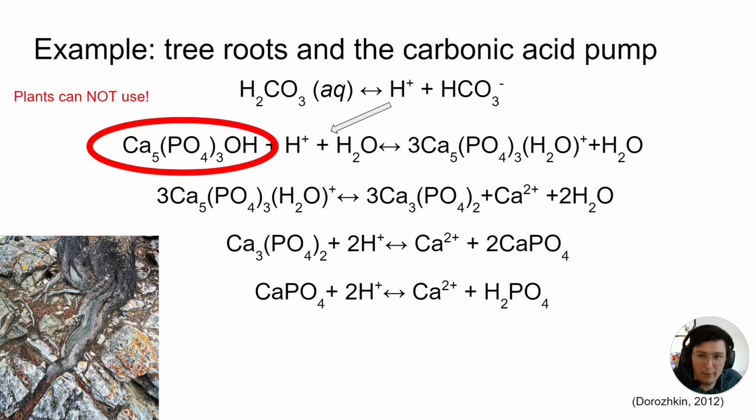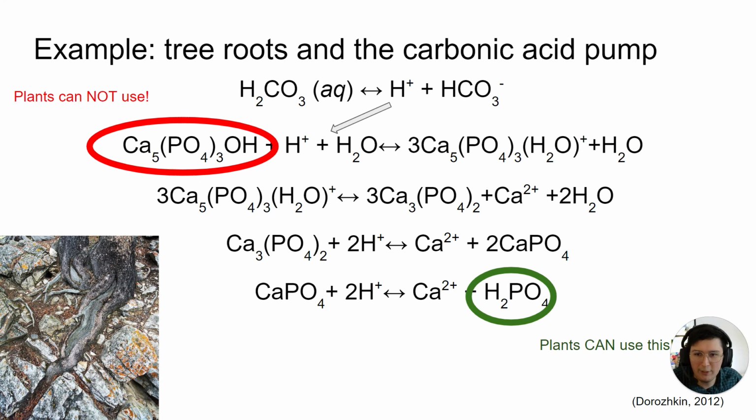But now that it's been weathered through a carbonation reaction, plants can use this phosphate. So the central takeaway here is that by lowering the pH in the soil, these tree roots increase the amount of inorganic phosphorus in the soil.